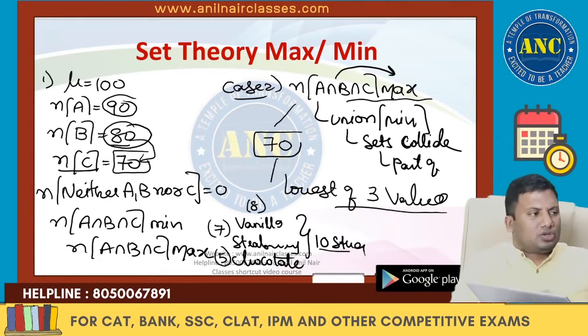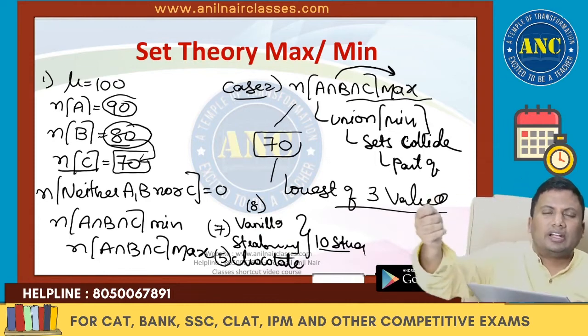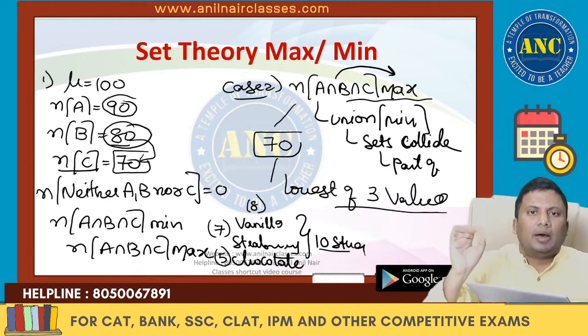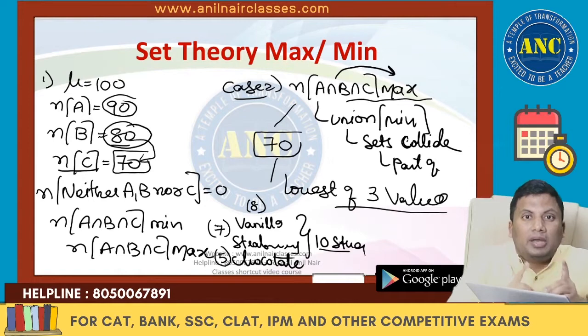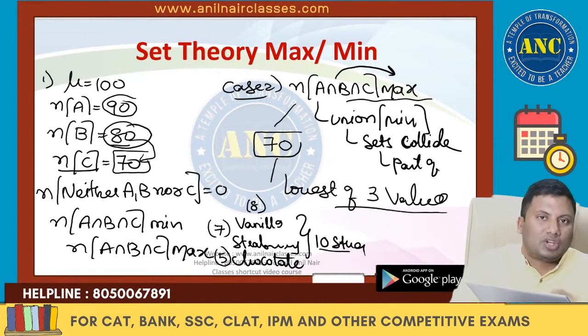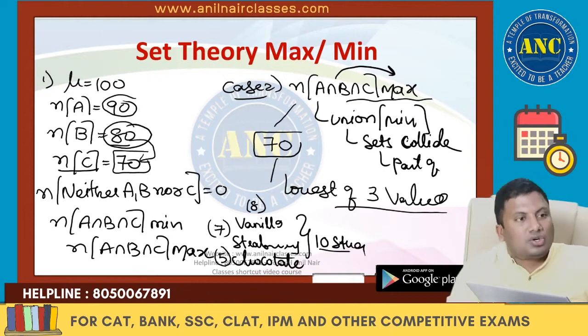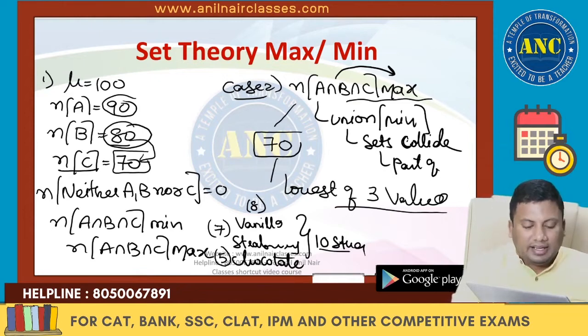So I called student 1, gave him vanilla, student 2, vanilla, student 3, vanilla, up to student 8, vanilla. Students 1 to 8 got vanilla. I want the maximum number of students who get all 3 ice creams. In those 8 students who got vanilla, I called 7 and gave them strawberry.